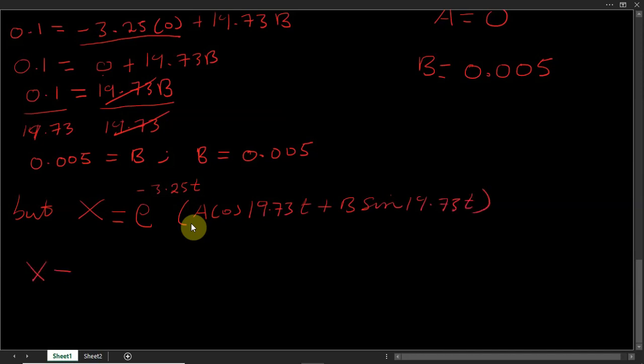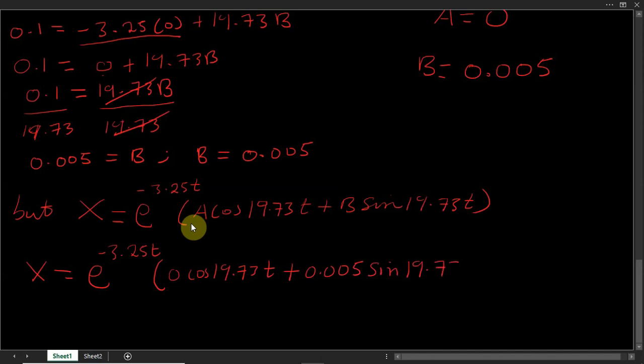So our x becomes e raised to the power negative 3.25t. We know our A to be 0 times cos 19.73t. Then we know our B to be 0.005 sine 19.73t.